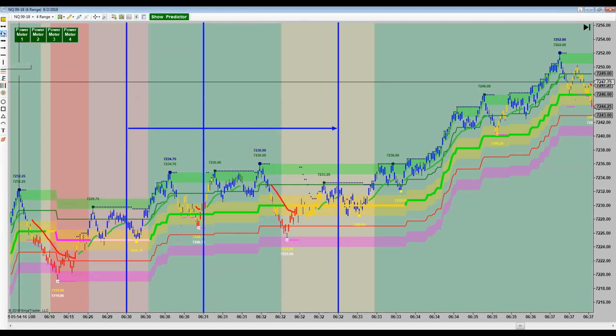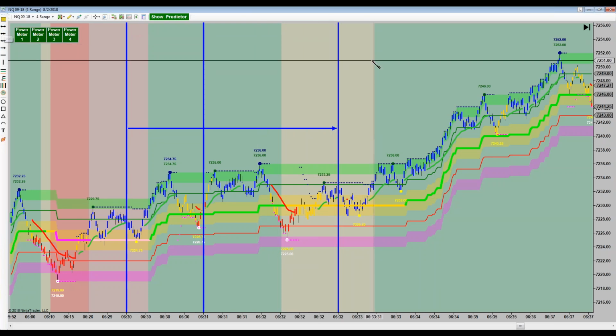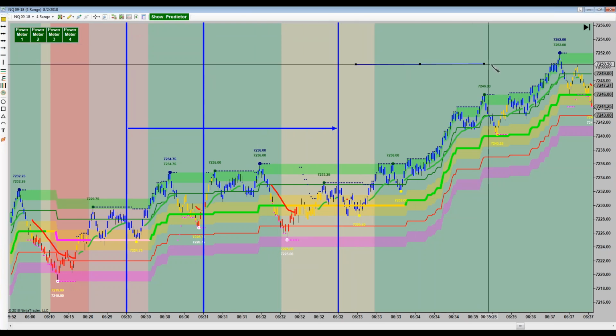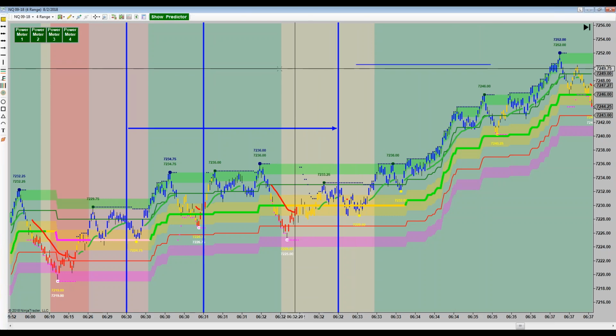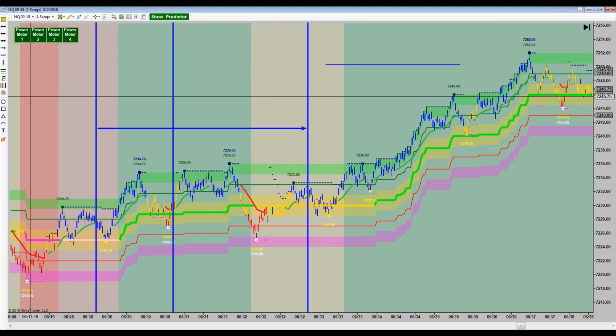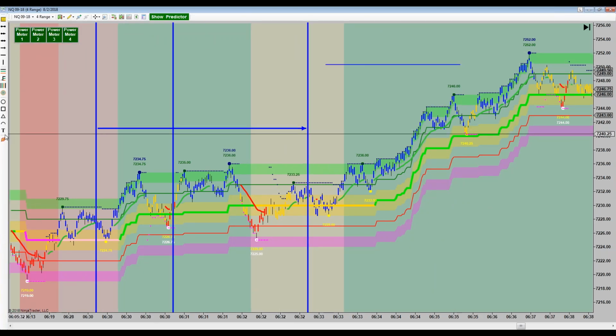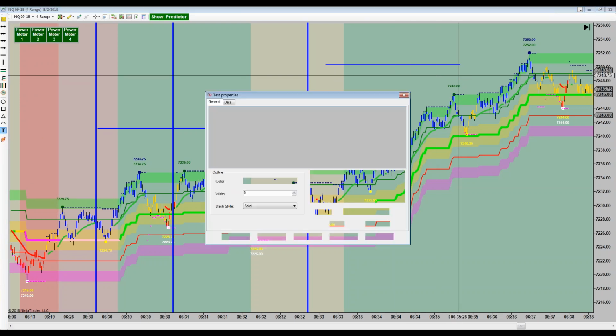Let me see if I can explain it this way. On a scale of volatility, here's the best way to get an idea of what I'm talking about.